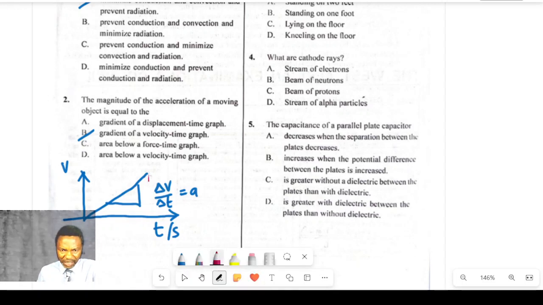What is the distance traveled in this particular motion? It will give you the area of this triangle here. So the area under this gives you the distance traveled by the object, while B, which is the answer, gives you the acceleration of the motion.